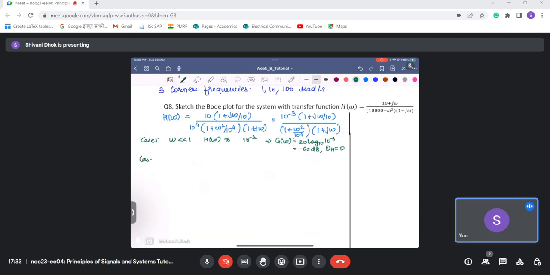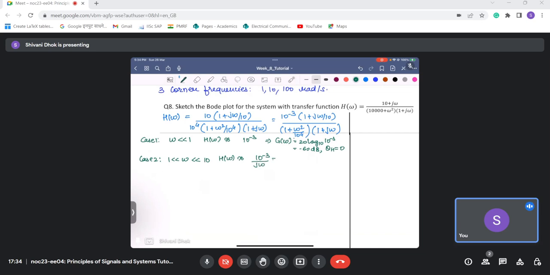The second case is omega greater than 1, but very much less than 10. So the factor that should prevail is this one and not this one. Initially I mistakenly considered this one. So this should prevail and the rest all should take the value as 1. So h of omega is approximately equal to 10 raised to minus 3 upon j omega.